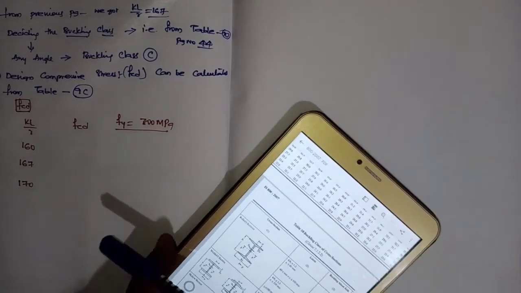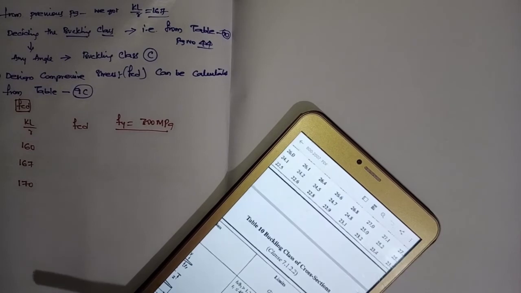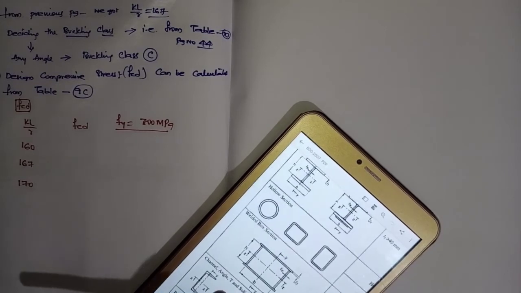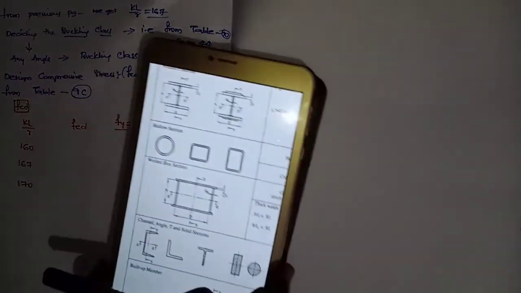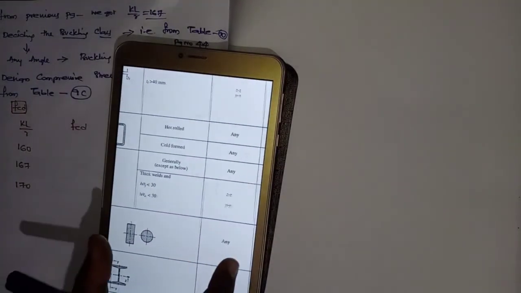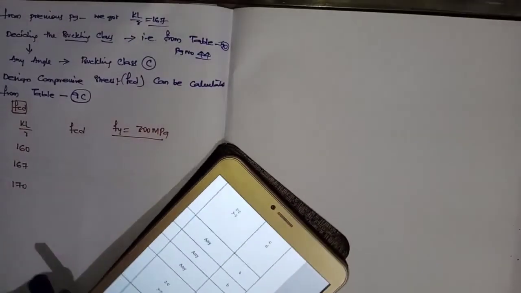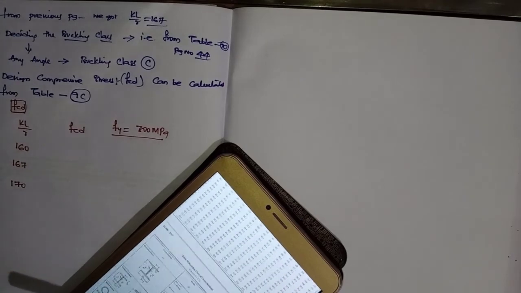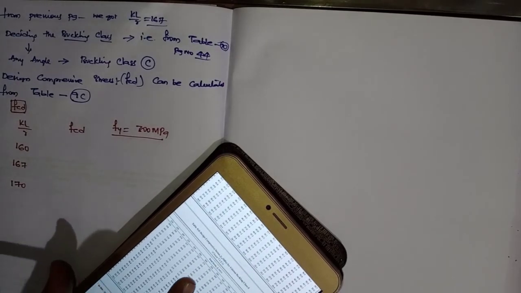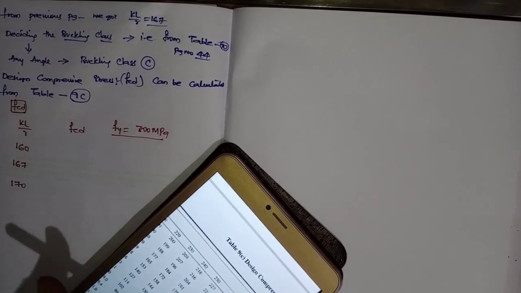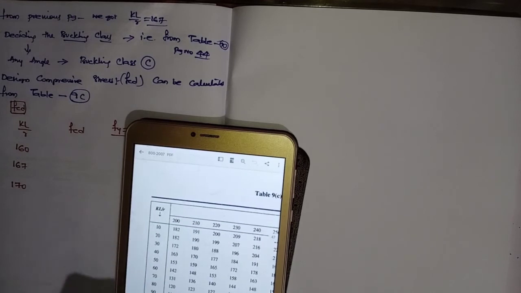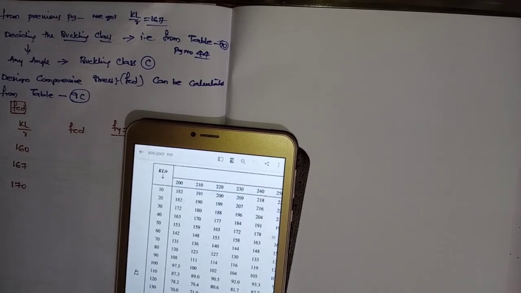See, this is table number 10; in that, this is an angle section, and an angle section comes under buckling class C, right? So from table number 9C and particular 300 fy yield stress, it lies between 160 and 170.